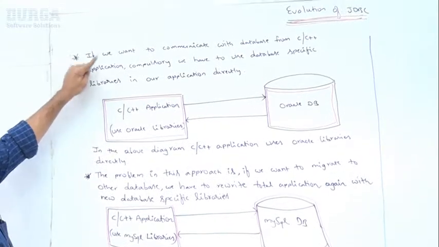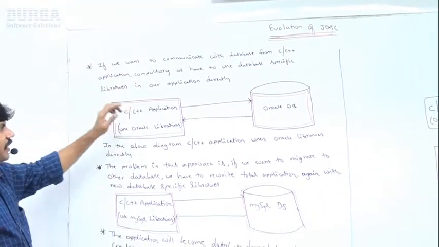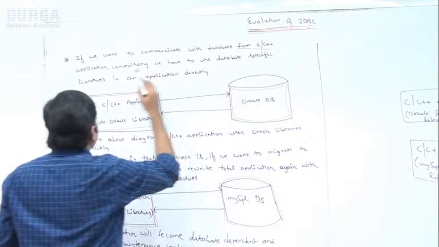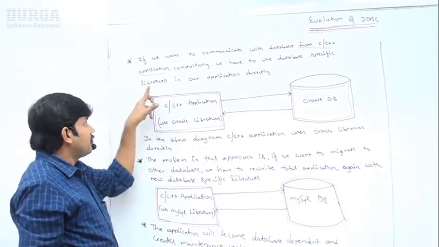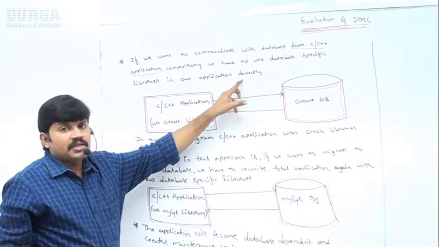If we want to communicate with the database from a C or C++ application, we compulsorily have to use database-specific libraries directly in our application.